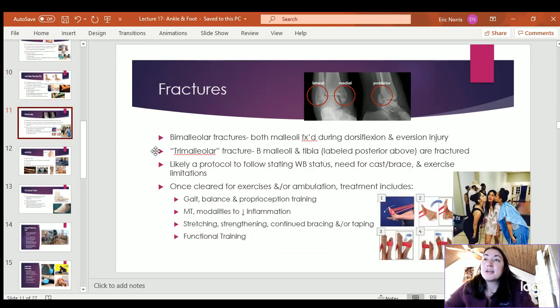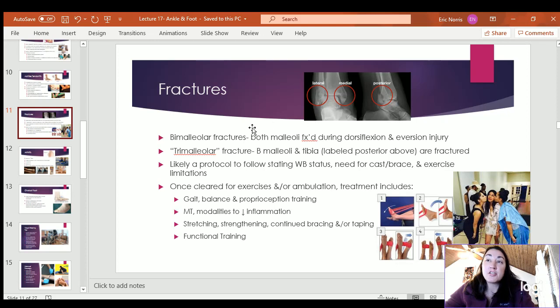All right, with fractures, there is such a thing as a bimalleolar fracture, where both the medial and lateral malleoli are fractured during a dorsiflexion and eversion injury. So if you jump down on it wrong or land wrong, it could also be in conjunction with an ankle sprain, all of it together.